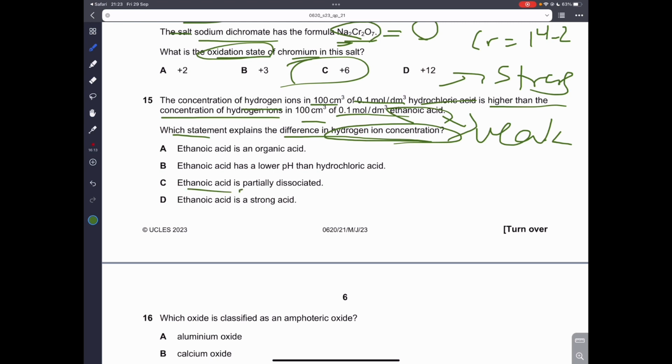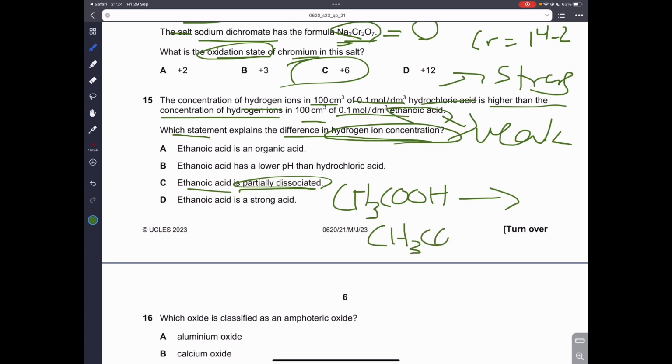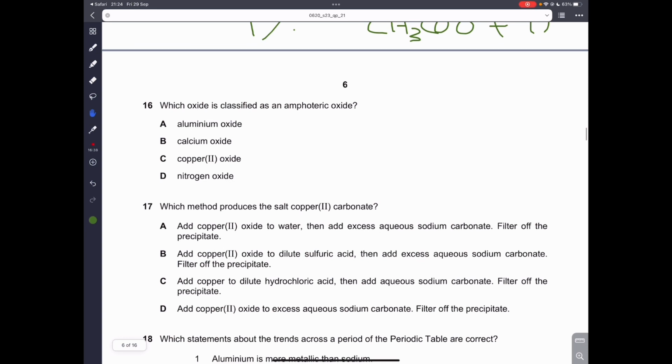Ethanoic acid is partially dissociated, so CH3COOH is partially dissociated in water as CH3COO- plus H+ ion. Only around 1% is dissociated in this solution. So this explains why it is weaker.